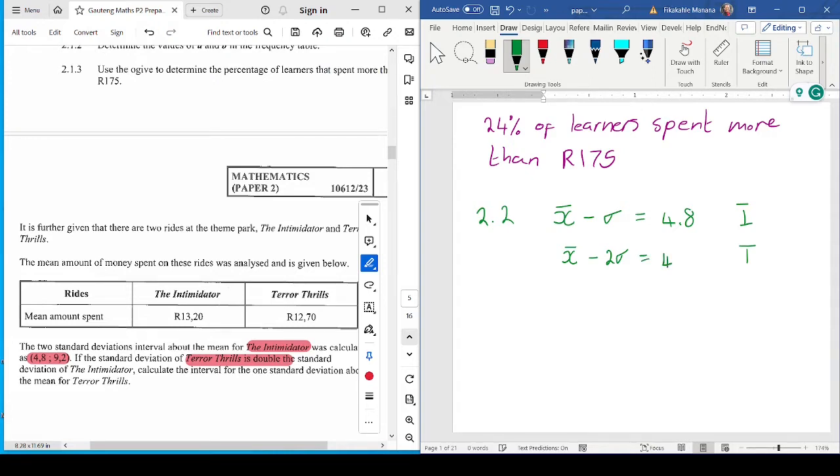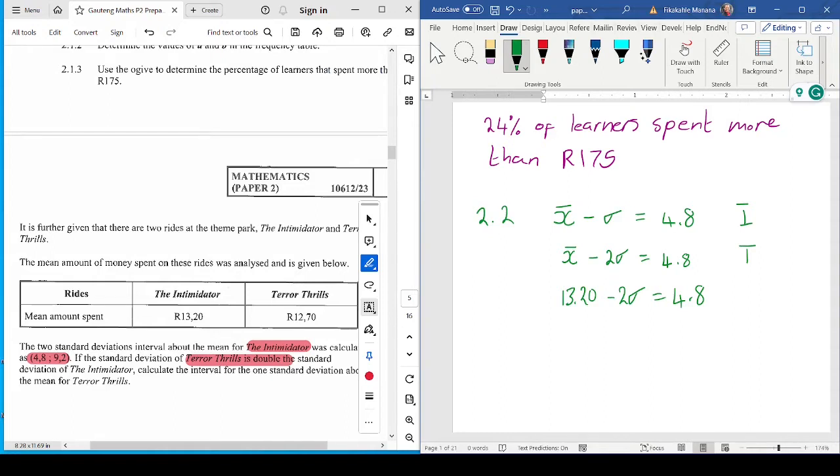It still equals 4.8. But we know that the mean for the Intimidator, if I'm just to substitute numbers, is 13 rand 20 cents minus 2 is equal to 4.8. We are now going to calculate the standard deviation of the Terra Trails.